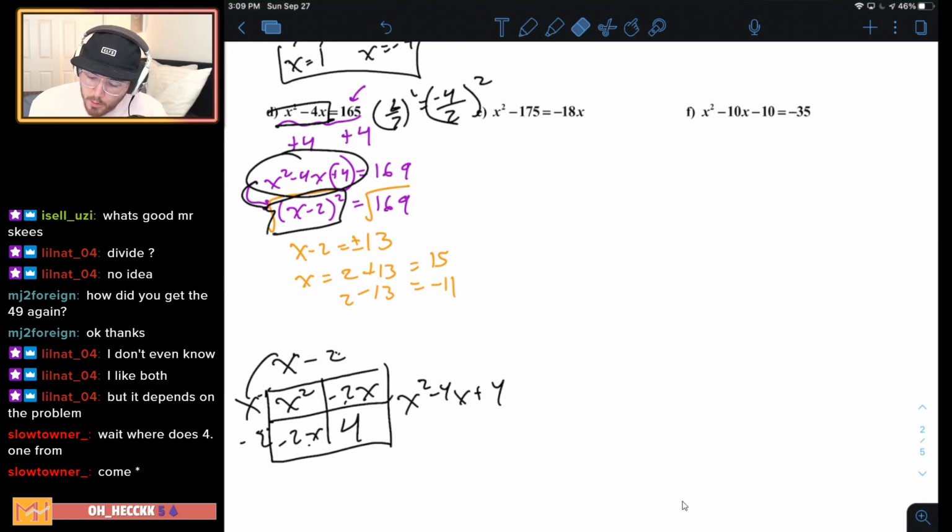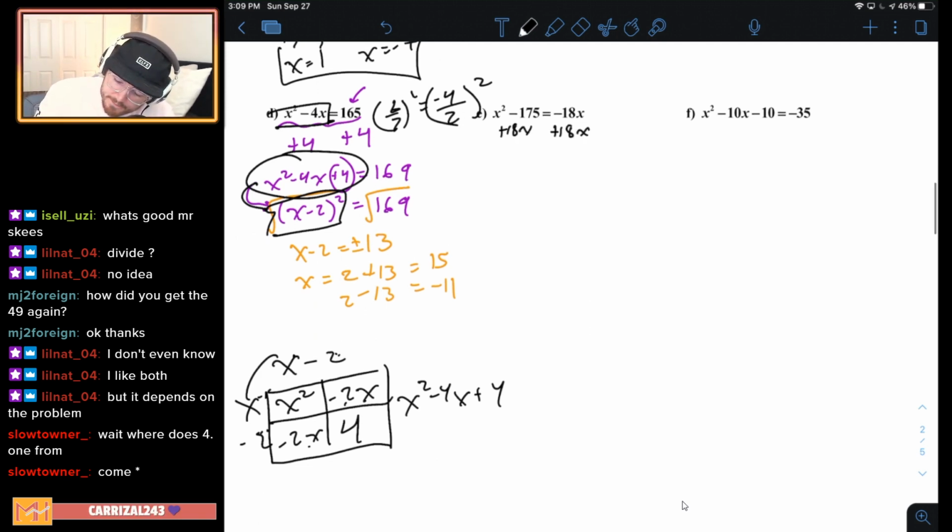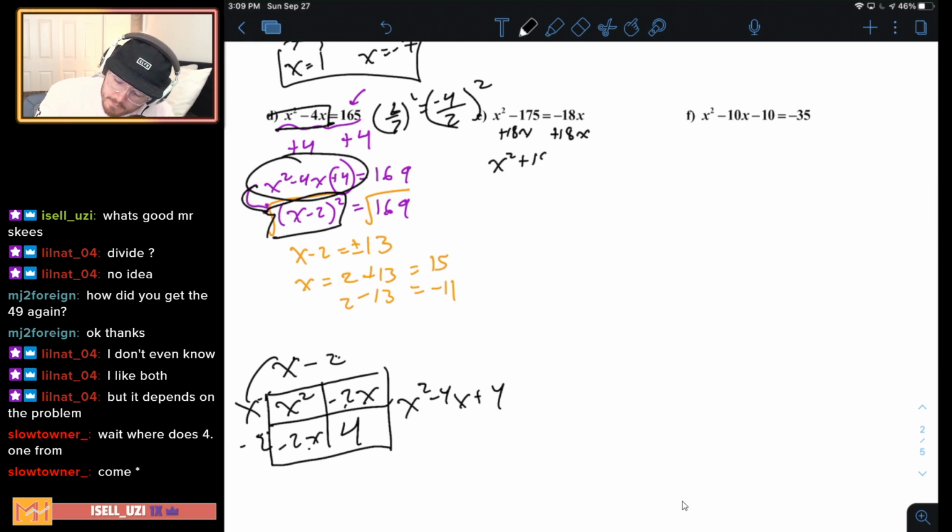So let me start this problem over again here. Get your x's on one side and the constant on the other. So here I need to add the 18x, and I need to add the 175 to the other side.